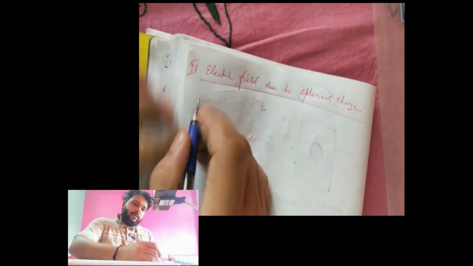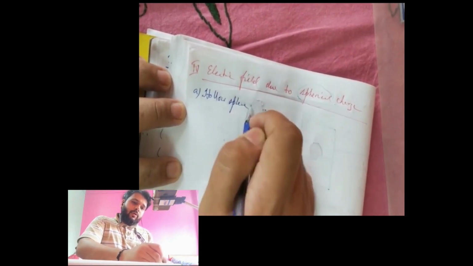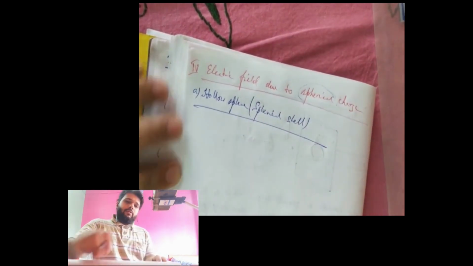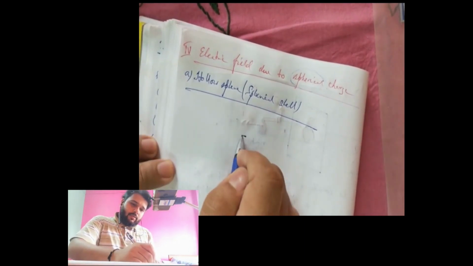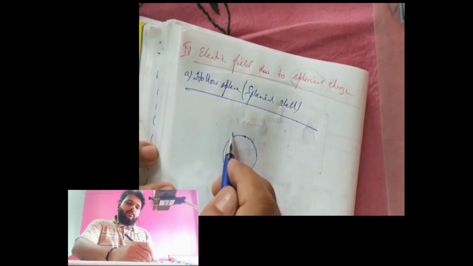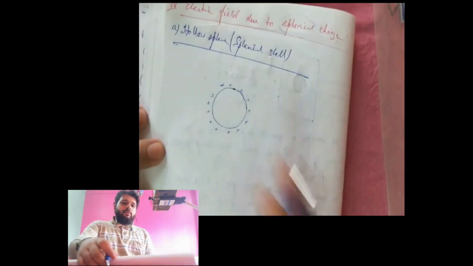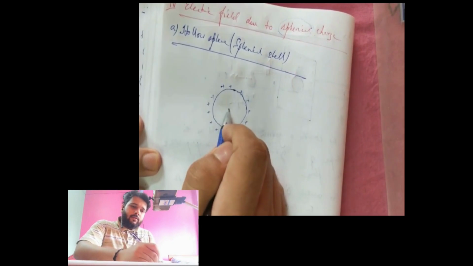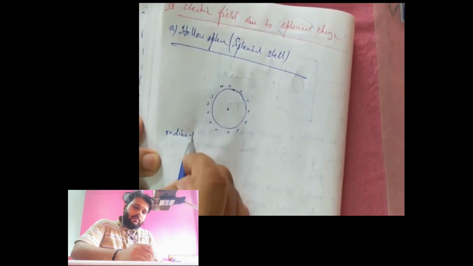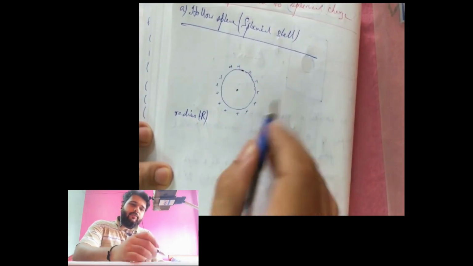Okay, so the first case which we are taking is the hollow sphere, or we call this a spherical shell. Shell means a hollow one, hollow sphere or spherical shell. So this is a sphere of radius, suppose I am taking the radius of this sphere as capital R. Now we have to find the electric field, suppose over here.